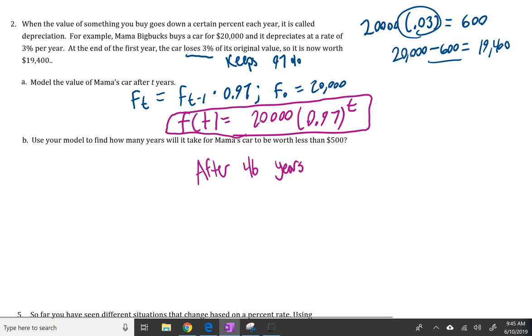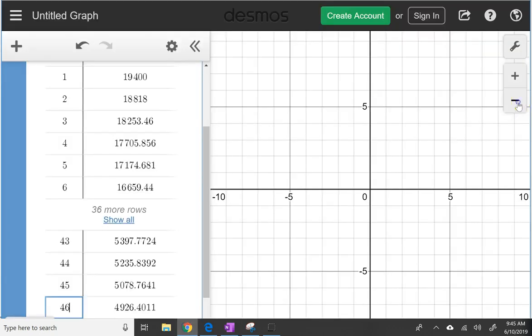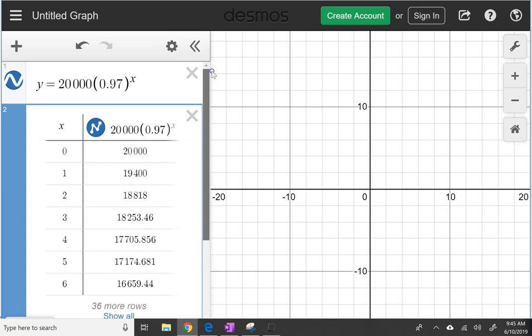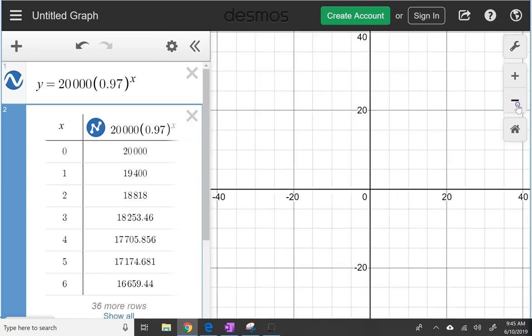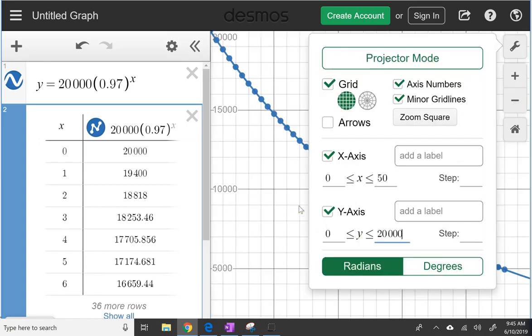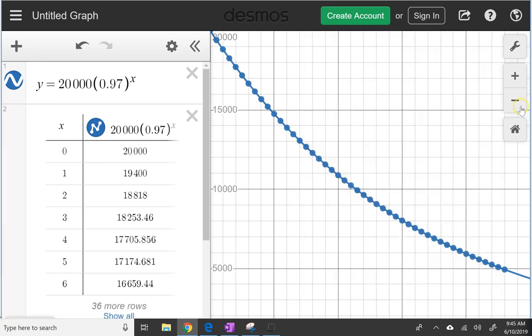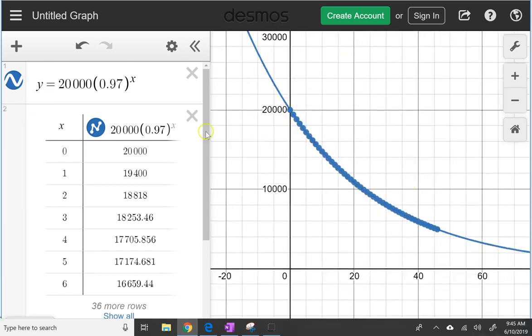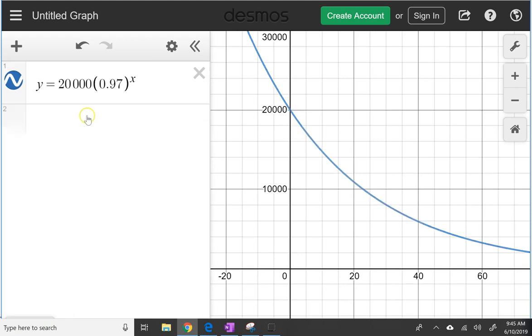And so just want to take a quick sec to compare this graph. So I've created a nice window where we can view the graph. And so we can see that's what it's looking like for the depreciation scenario. And since we've already gotten the answer we want from this table, I'm going to take that out.